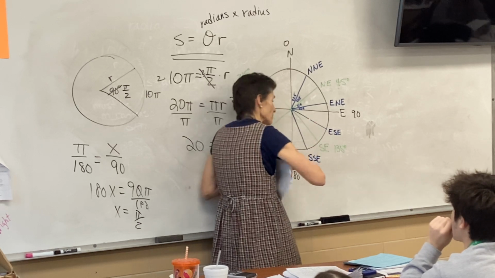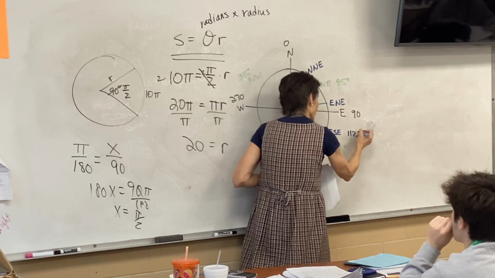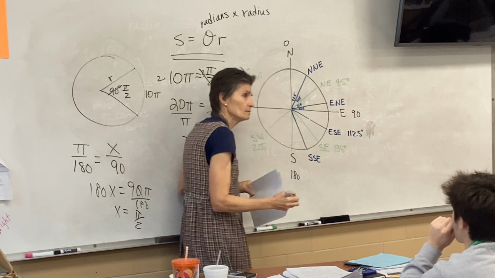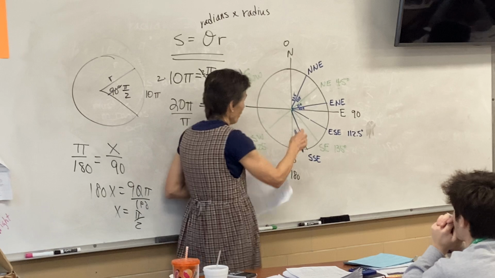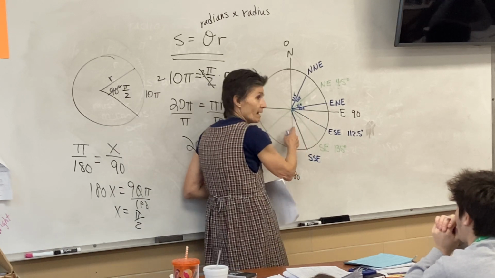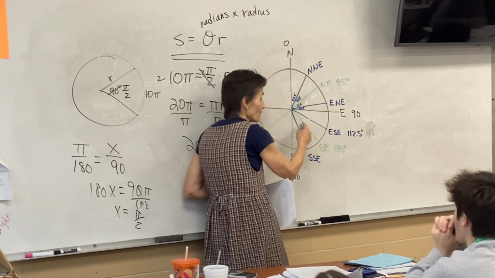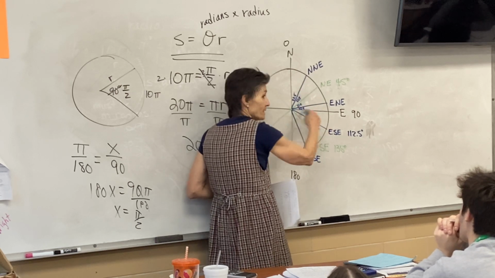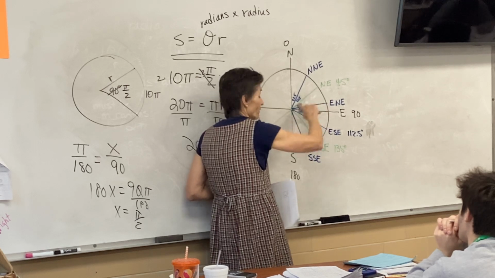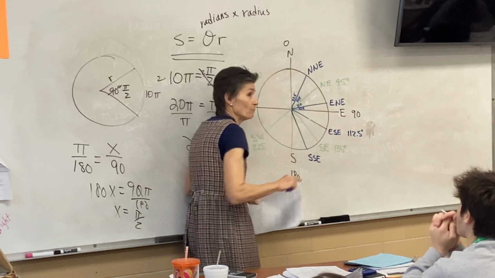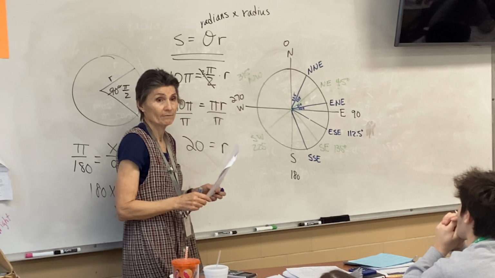So wouldn't that be 112 and a half? Remember, all these little splits are 22 and a halves because we split a 45. The green lines split a 90, so they're 45s. The blue lines split 45, so it's 22 and a half.